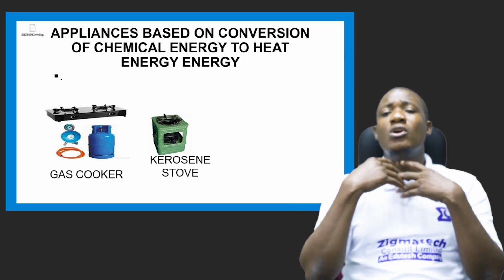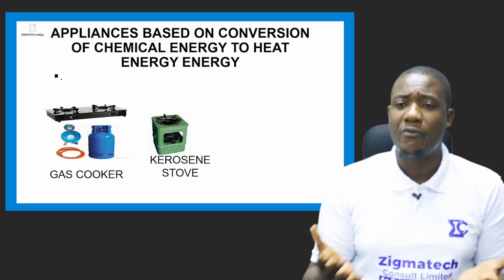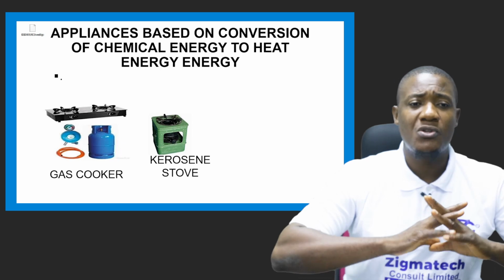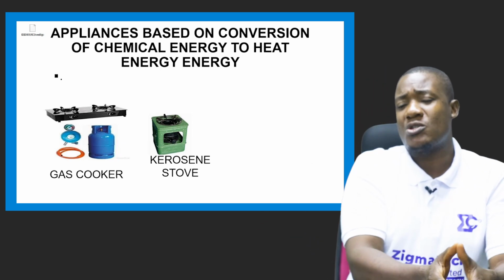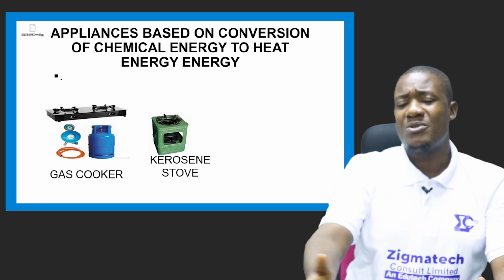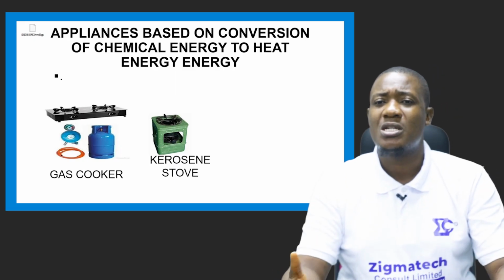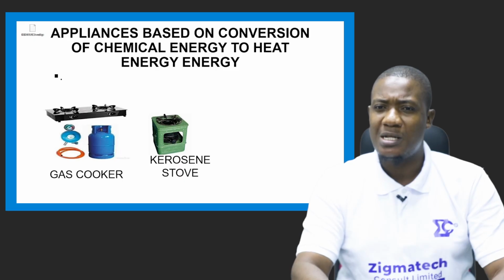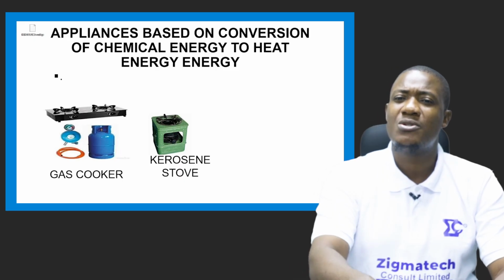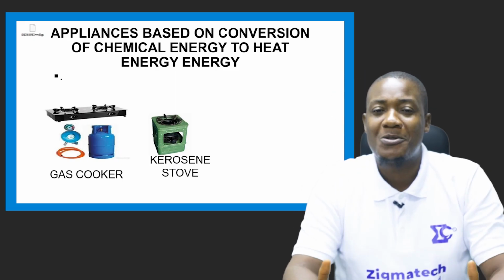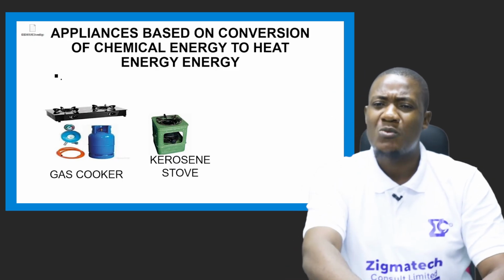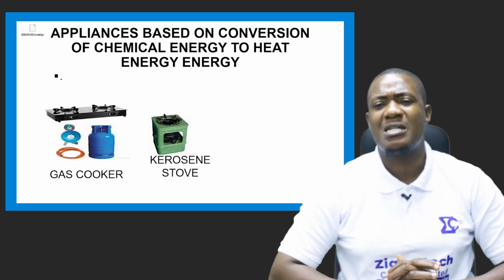Even the charcoal stove utilizes the chemical energy we have in the charcoal, and it is converted into heat energy. Oftentimes you see people in the street roasting corn. The chemical energy present in the charcoal they are using to roast corn is converted into heat energy that everybody comes to say, hey, how much is your corn? It's that energy that is converted in that process.